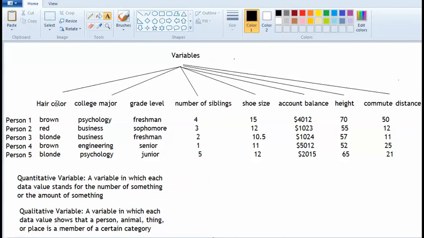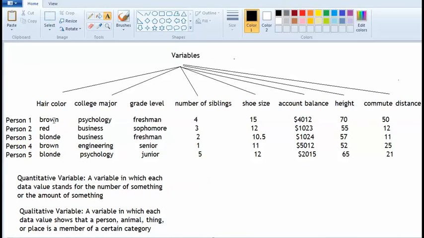Let's look at hair color, college major, and grade level. We can see that in these three columns of data, each data value doesn't stand for the number of something or the amount of something. In these three columns of data, each data value shows that a person is a member of a certain category.